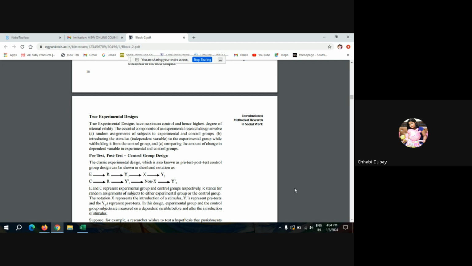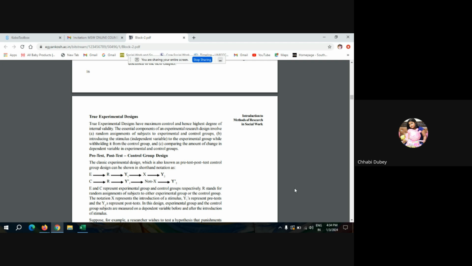In the control group we are not going to introduce the stimulus, but still we are going to see whether any changes have taken place without it, so that we get a good understanding of the relationship we were trying to find out in the true experimental design.